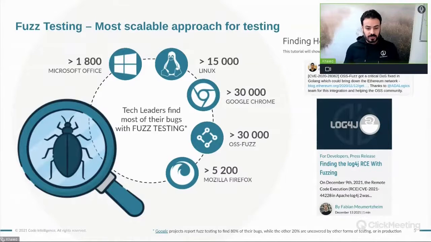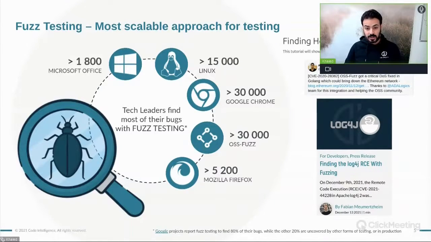As we've seen in both academia and industry, fuzzing is currently the most effective method to find bugs. From the academic point of view, we see an exponential growth of research on fuzzing published at top conferences, and also in the industry.